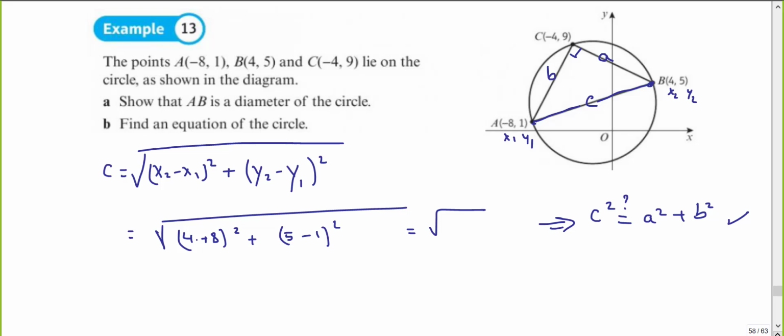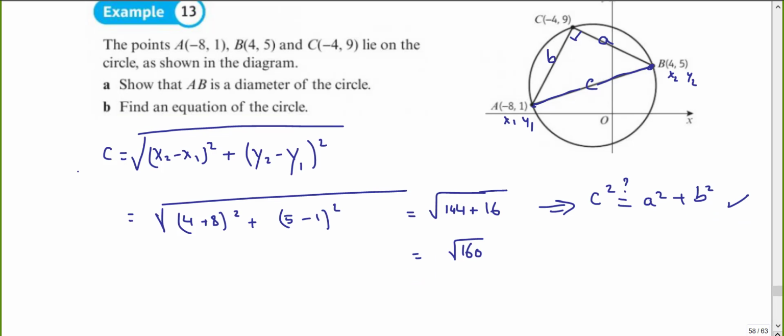That will be 12 to the power 2, that's 144, plus 4 to the power 2, that's 16. So what's the answer here? The square root of 160. Okay, we got C. In the exact same way, I want you to get A and tell me it's root what, and get B and tell me it's root what. Come on, Adam.